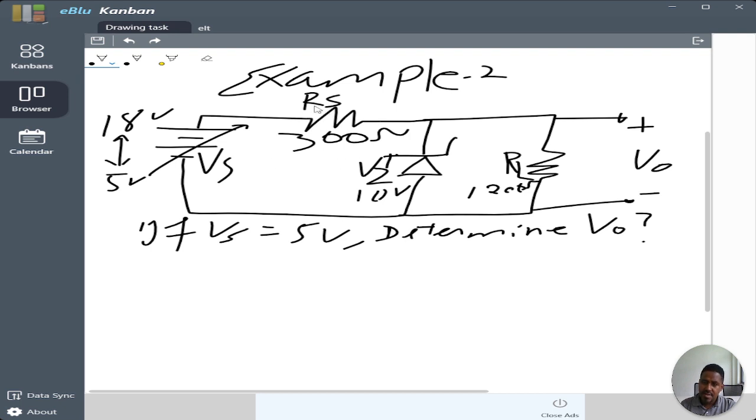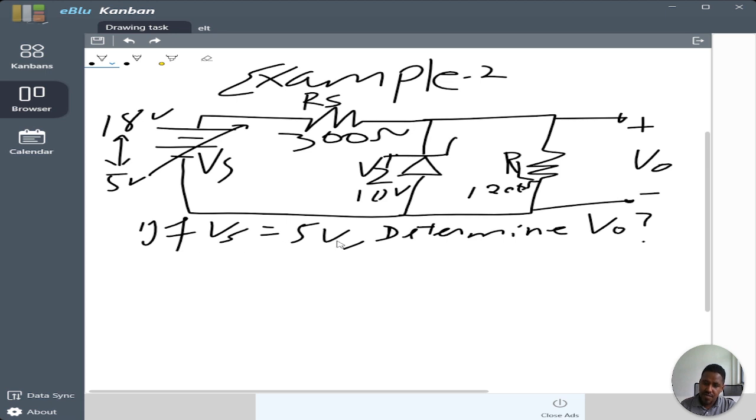Our Rs is 300 ohm, again our Vz is 10 volt, and RL is 1200 ohm or 1.2 kilo ohm. So determine V out. That means at what time Vz becomes closed. So let's see one by one.